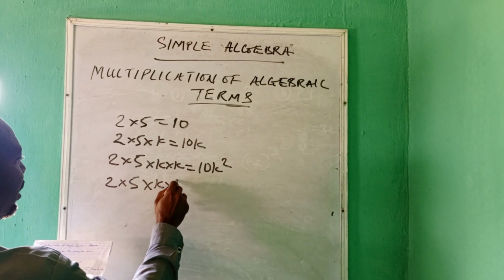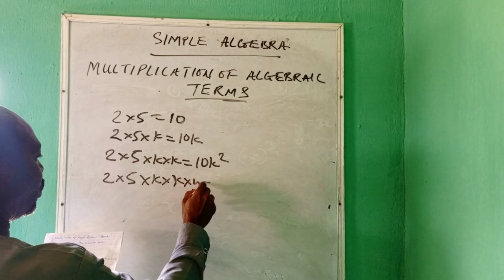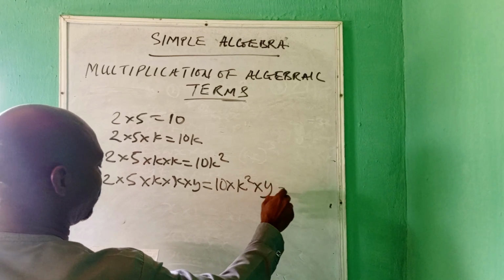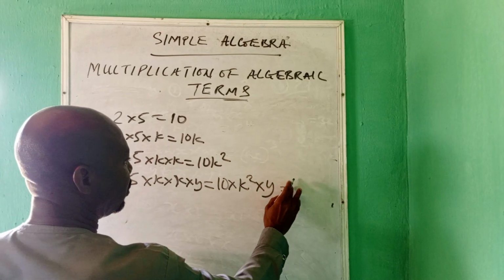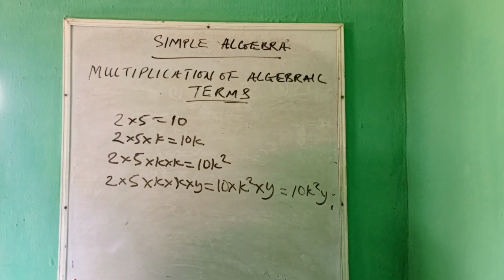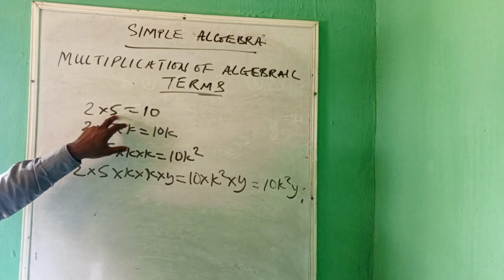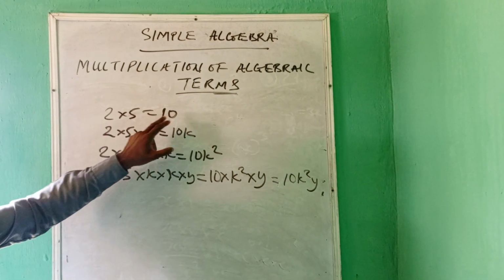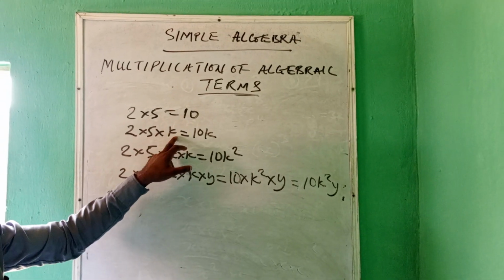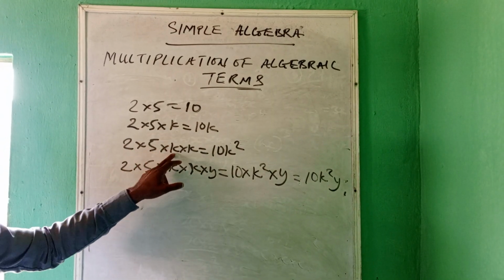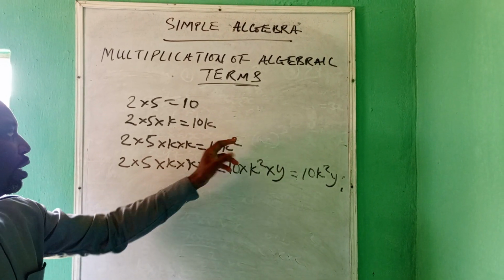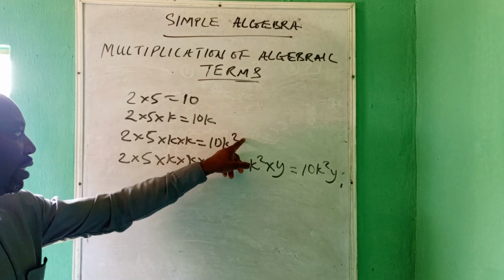Times k times y is equal to 10 times k squared times y, which is equal to 10k squared y. So if we start here, 2 times 5, the one you already know, is 10. We now say 2 times 5 times k, this is 10k. 2 times 5 times k times k, that is 2 times 5, 10, k times k, bringing them together is 10k squared.